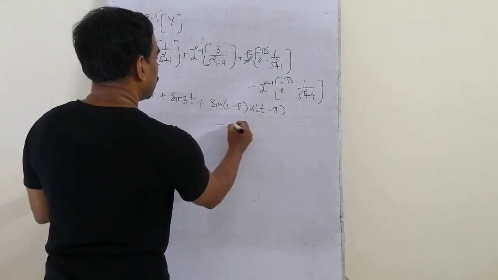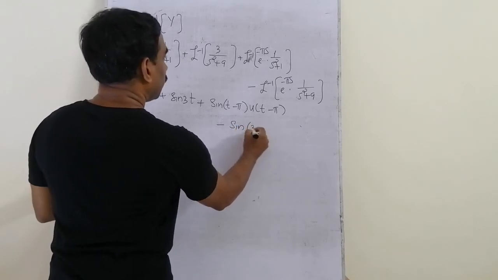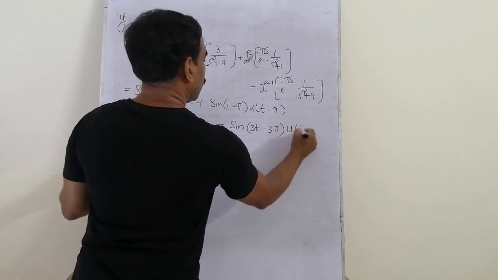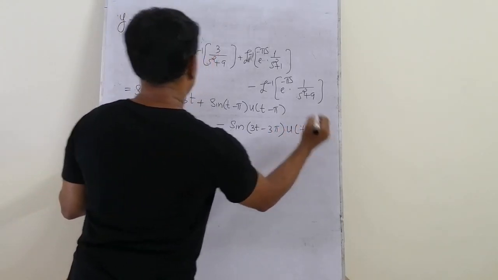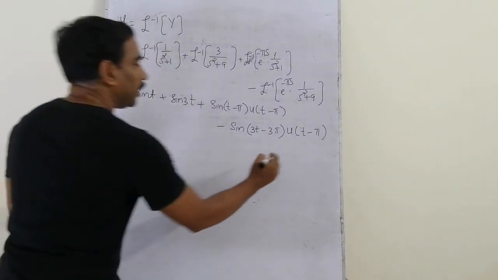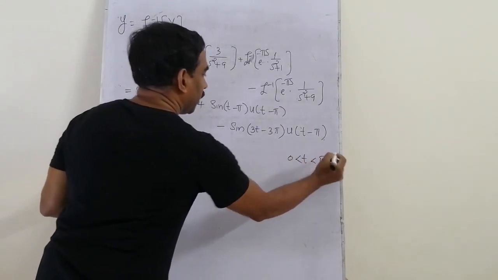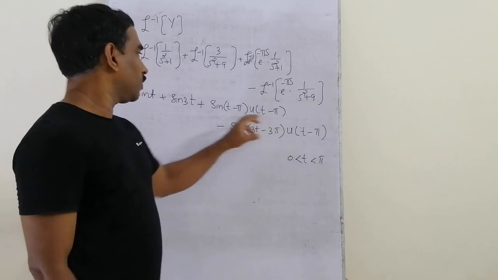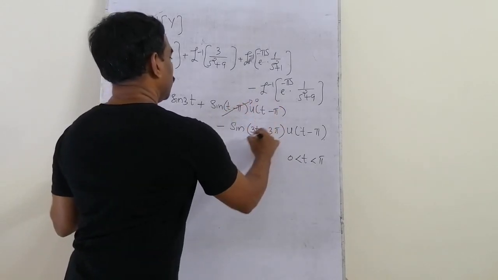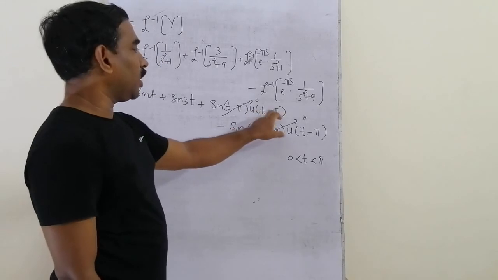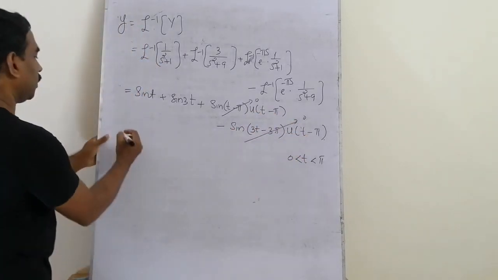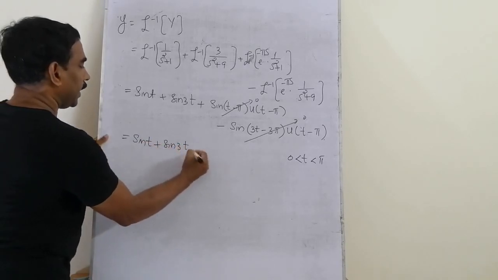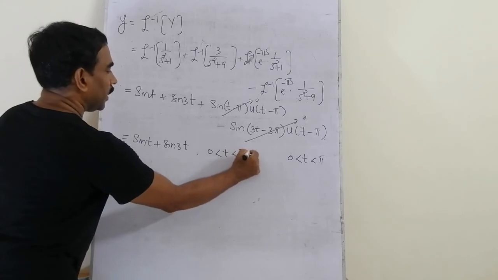So by the second shifting theorem, this is sin of 3 into t minus pi, u of t minus pi. Here we are finding the solution y only in the range 0 less than t less than pi. And what is the value of the unit step function u of t minus pi within this range 0 to pi? It is 0. So these two terms go to 0 because of the unit step function u of t minus pi, which is 0 in the interval 0 to pi. So the solution becomes sin t plus sin 3t in the range 0 less than t less than pi.